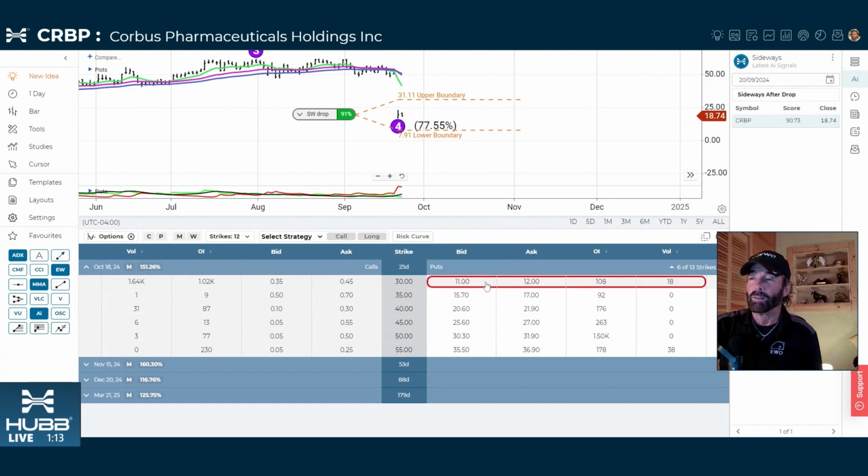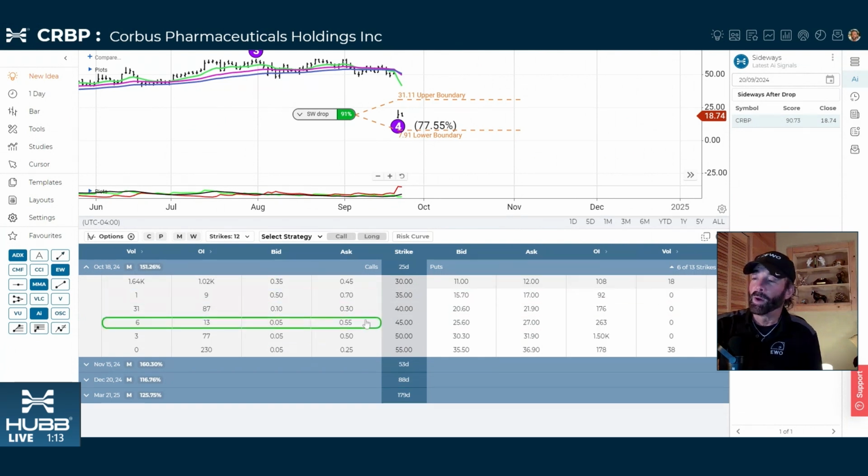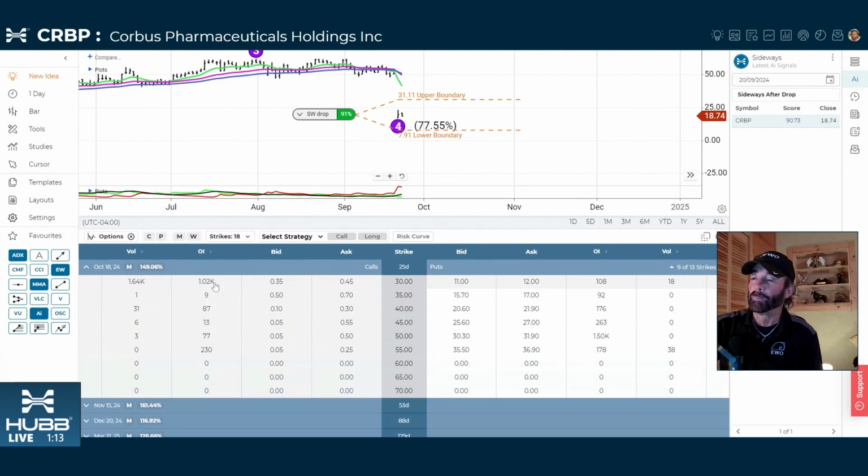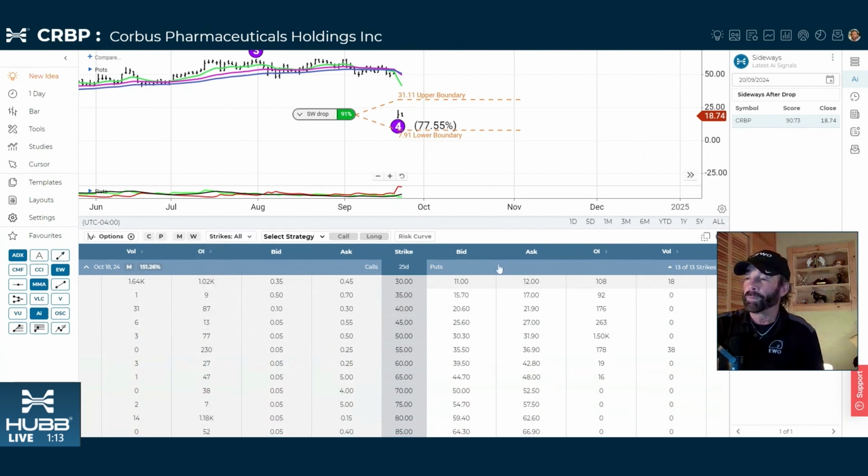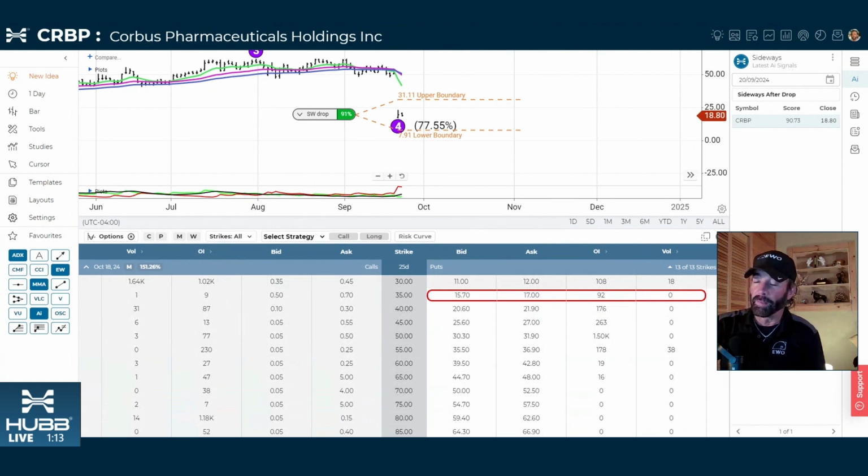If we were to go down to where we are with the stock price now, which is down around 20, we need to add more strikes in there to get there. Still not there, so let's just hit all. To scroll down, it actually isn't even going all the way down to 20. They're still working on the option side of it.